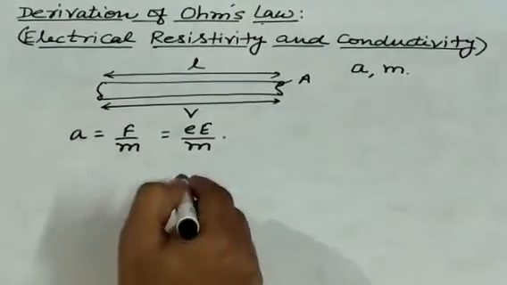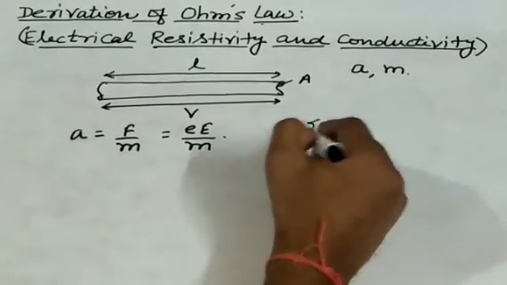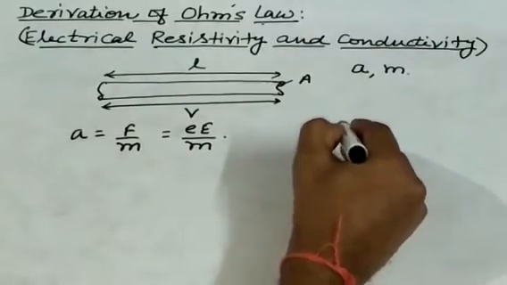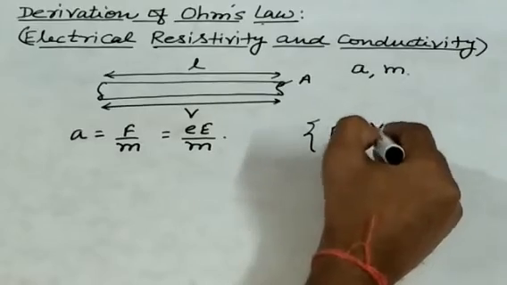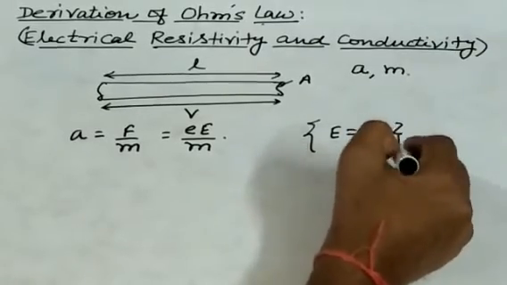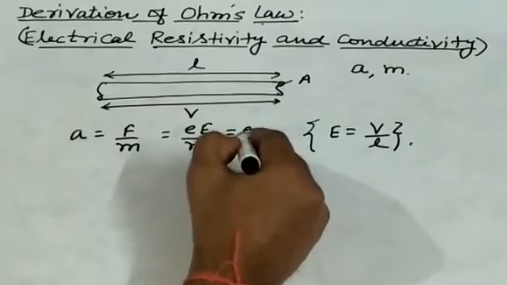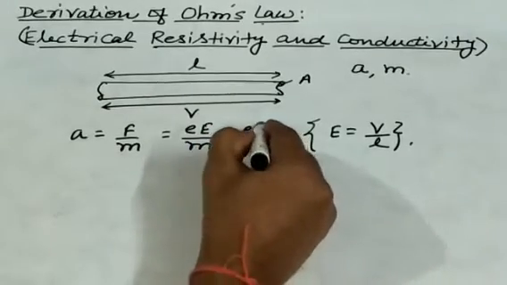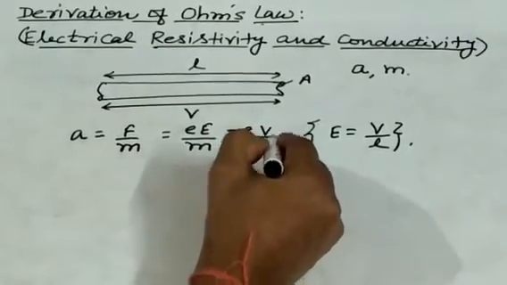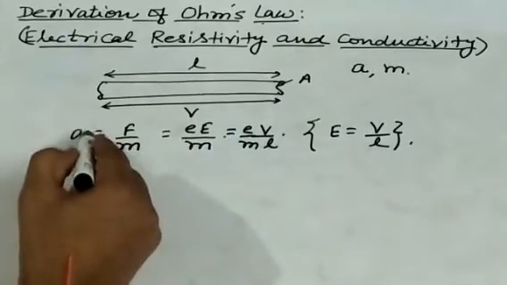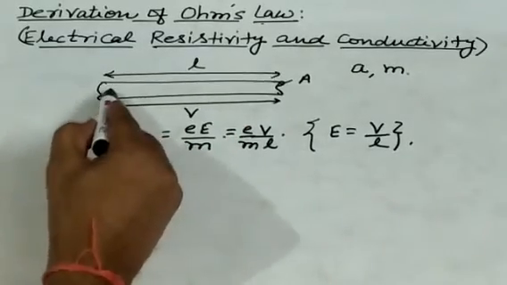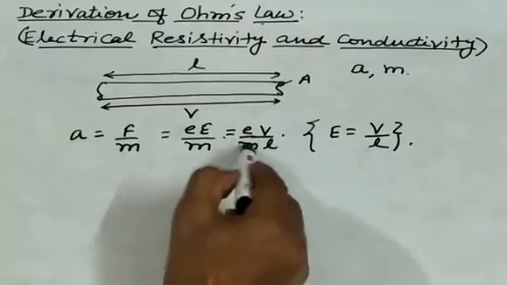The electric field inside the conductor E is equal to V by L. So now we can write a is equal to e by m into V by L. It means the acceleration of the electron inside the conductor is eV upon mL.